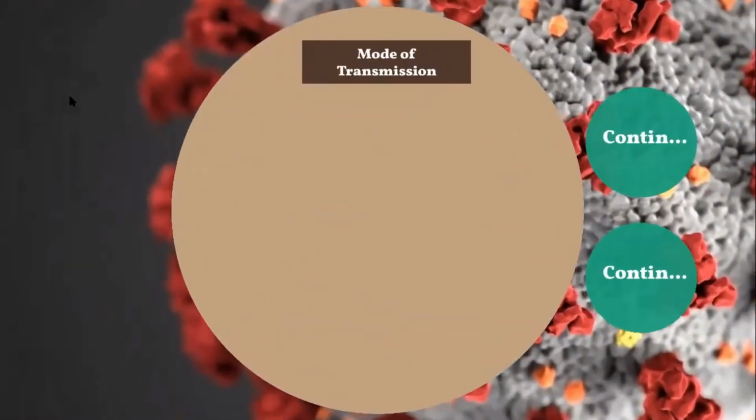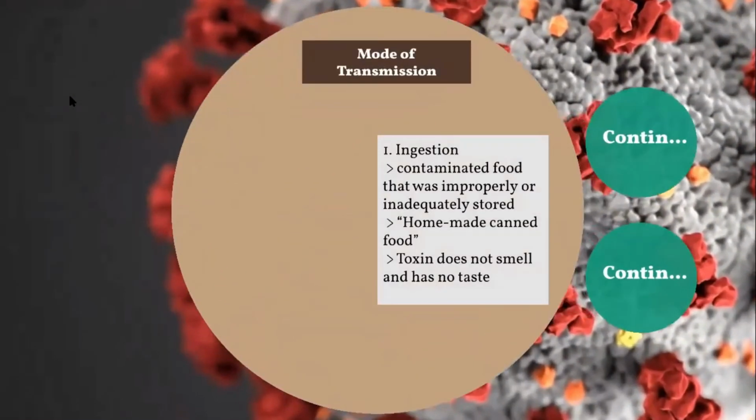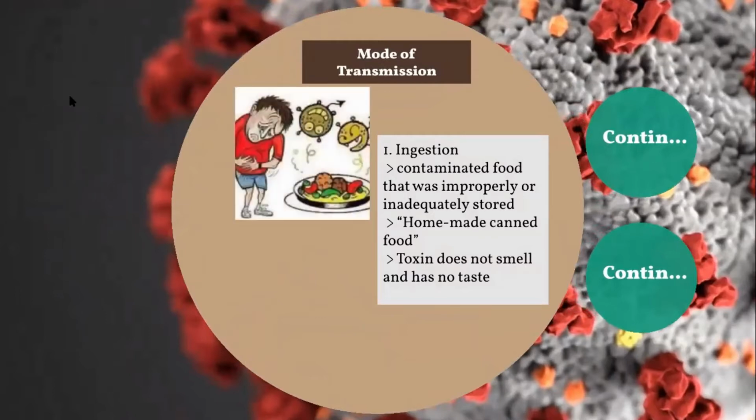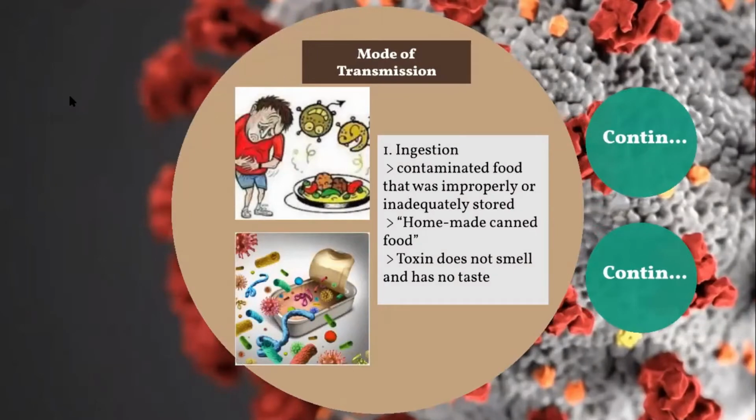Now the mode of transmission, how we actually get botulism, through different routes. First is through ingestion of contaminated food that was improperly or inadequately stored.